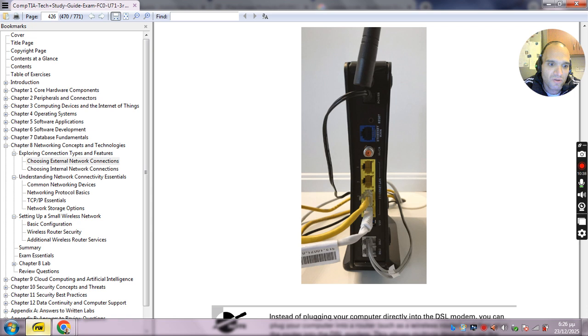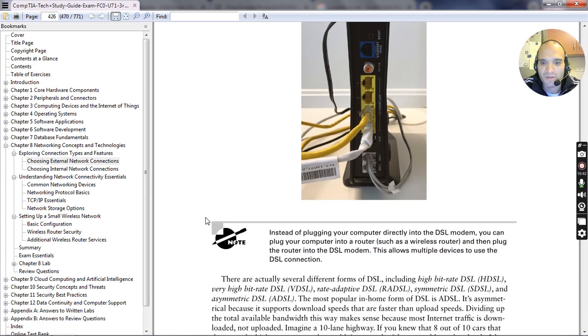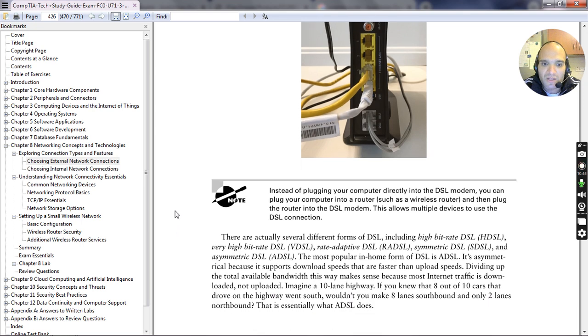Let's continue. In order for the class to be engaging, there are actually several different forms of DSL, including high bitrate DSL, HDSL in short, very high bitrate DSL, VDSL.